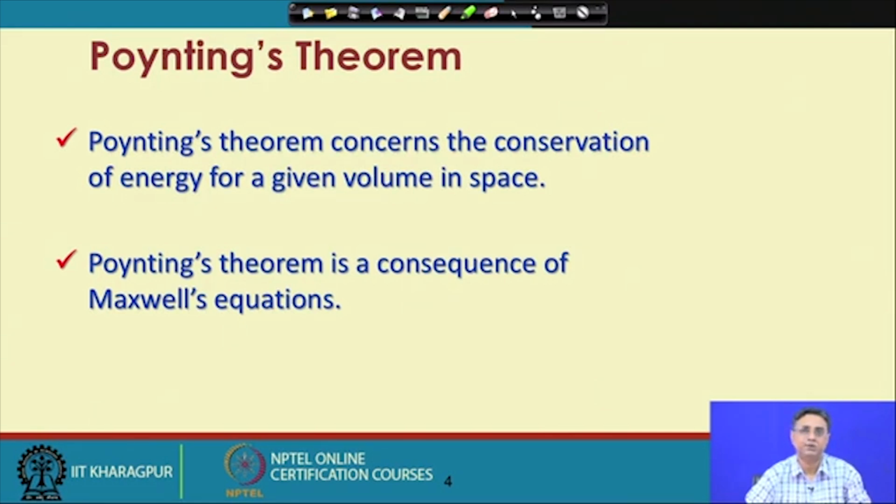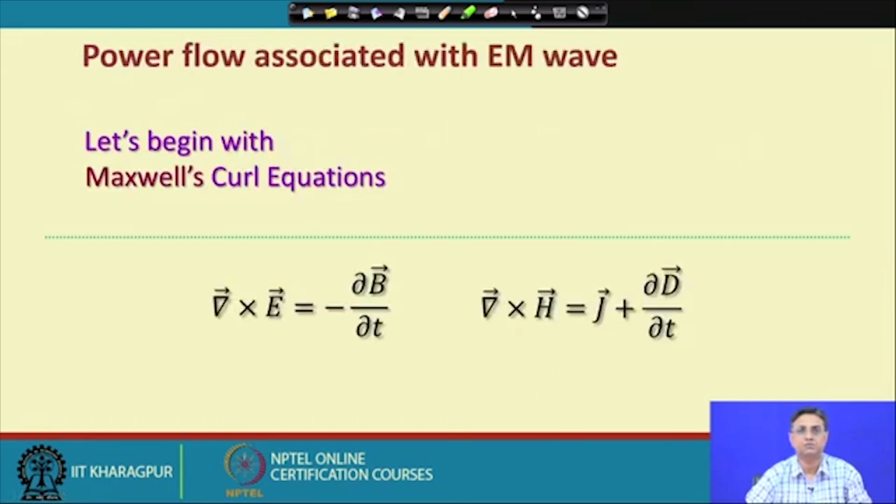We will correlate these two things, and this will be described through this Poynting theorem, which is actually a consequence of the Maxwell's equations, and we will start with the Maxwell's equations to arrive at the conclusion.